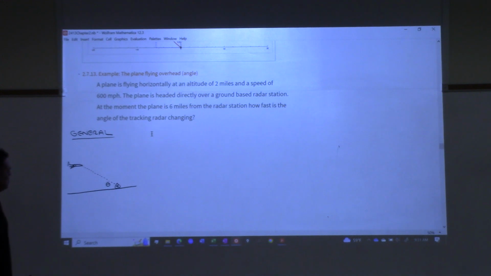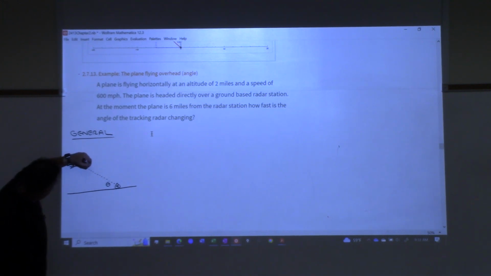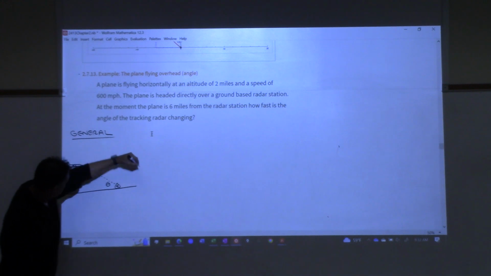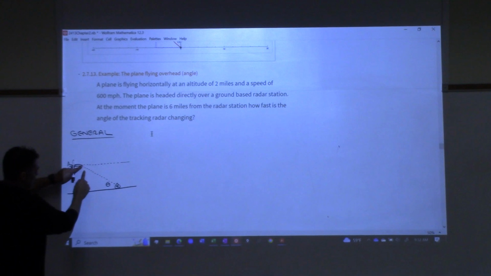Is there anything else on this picture I can draw that would be maybe useful to me? The line of the plane is flying horizontally. This right here, like it goes horizontally, okay, that might be useful to us. Down. 2, right? So we know for sure the plane's flying 2 miles high, right? So we can put a 2 from here straight down.